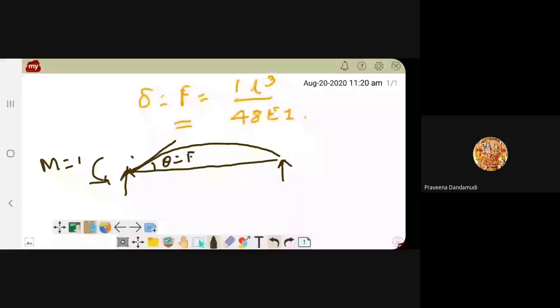Keep in mind that when applying a unit moment at this particular location, the slope which will occur at the support is F equal to L upon 3 EI. Exactly, you will get the same here, because F is equal to ML.